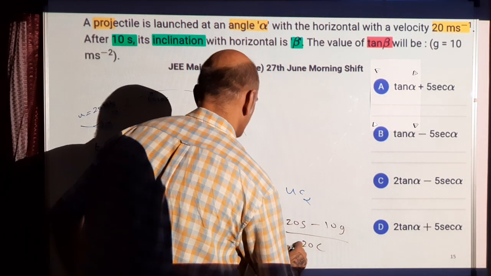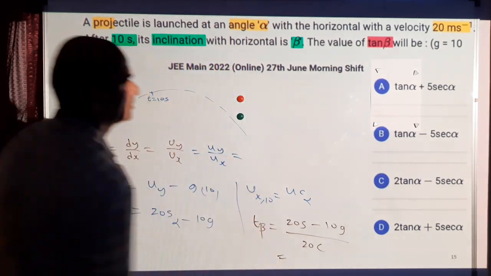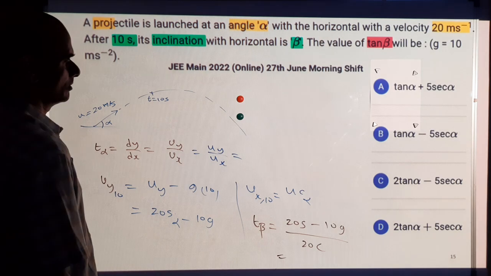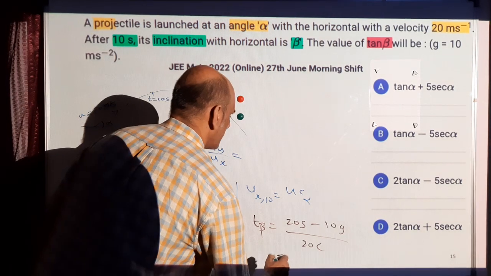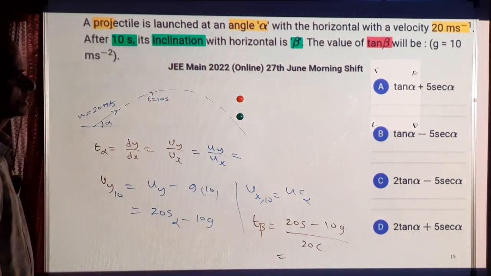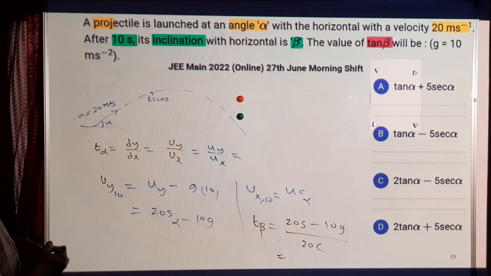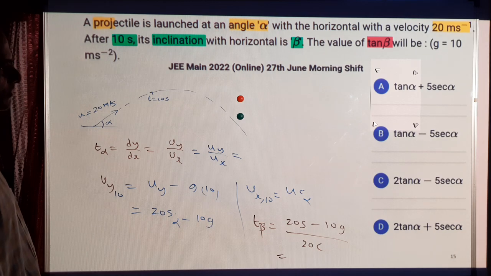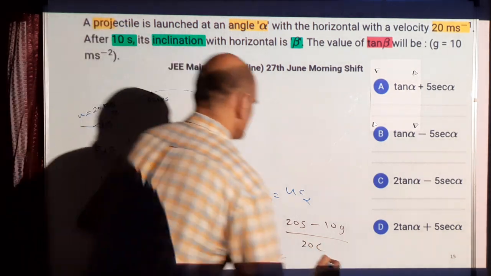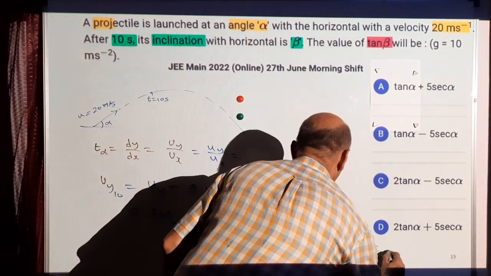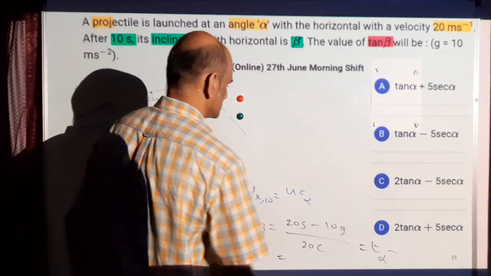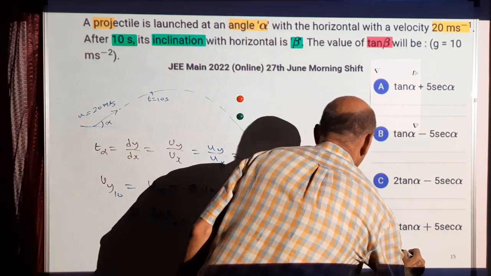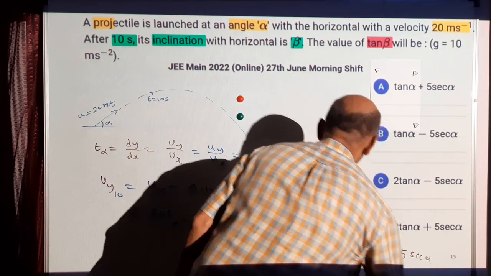So it is tan alpha minus, since g is 10, 5 times secant alpha.